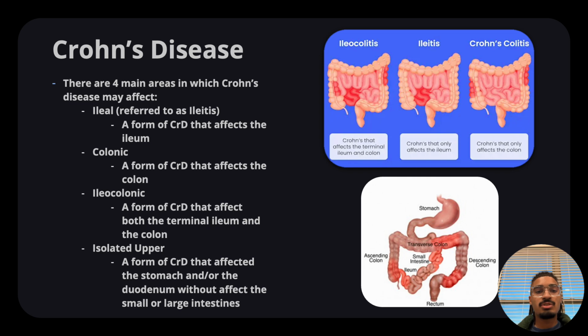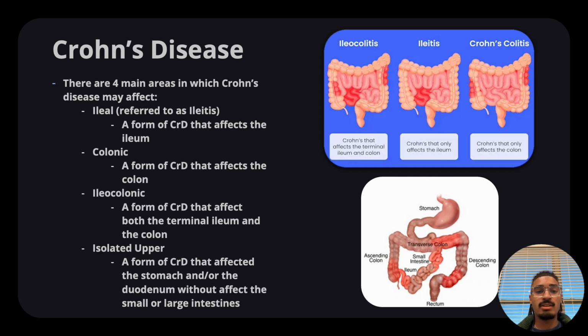Now, there are different types of Crohn's disease based on the areas that the disease actually affects. There's ileal, colonic, ileocolonic, and isolated upper. Many of these names actually describe the areas that the disease affects. Ileal, often referred to as ileitis, is a form of Crohn's disease that affects the ileum. Colonic is a form that affects the colon.